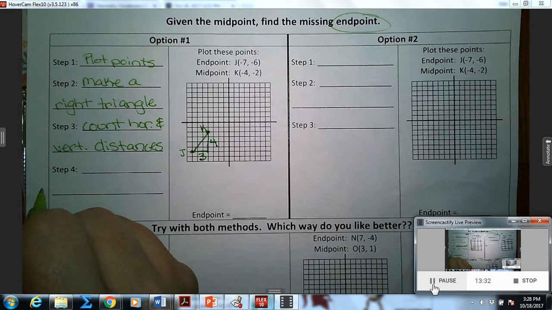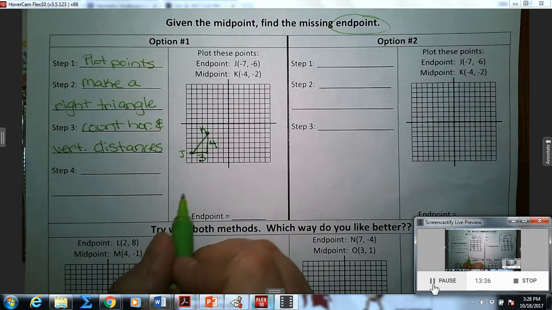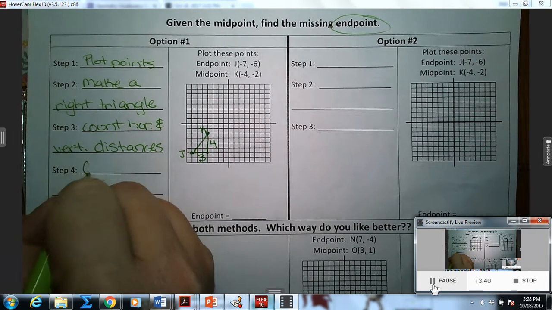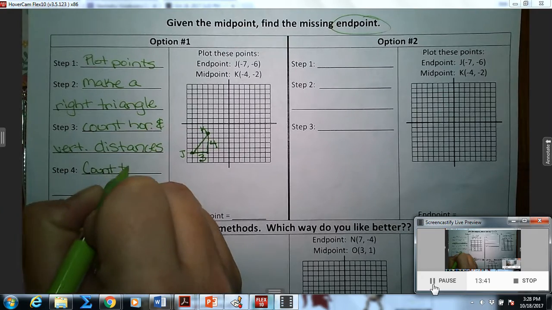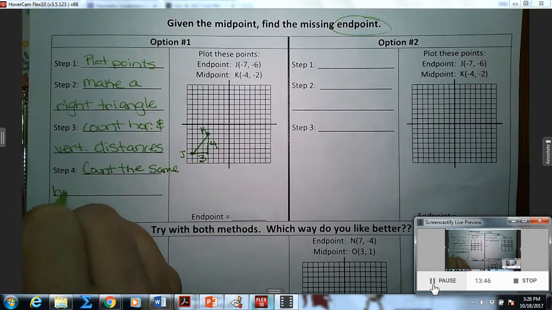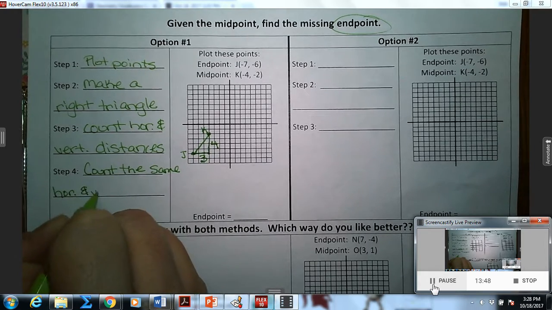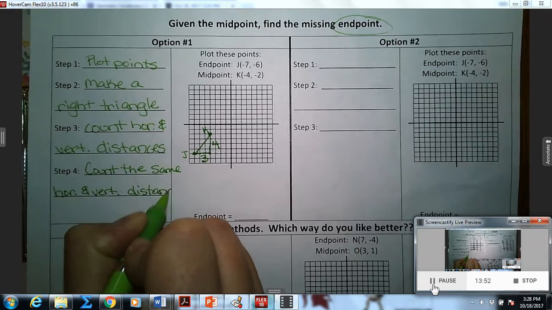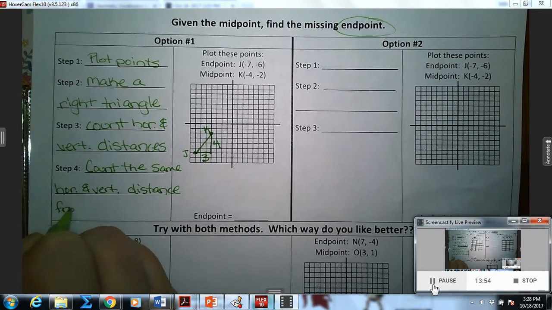Now step 4 is to find the other endpoint. We want to count the same horizontal and vertical distance from the midpoint.